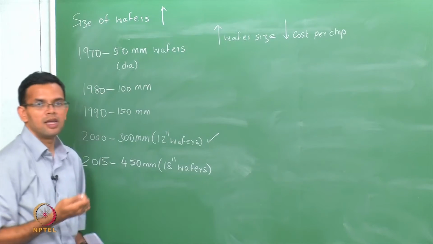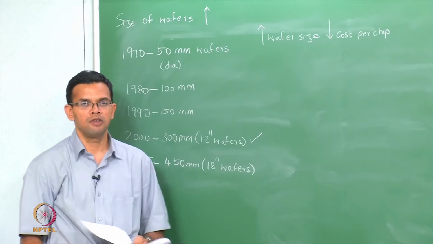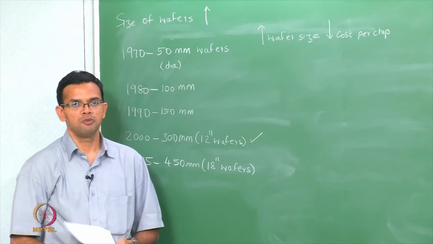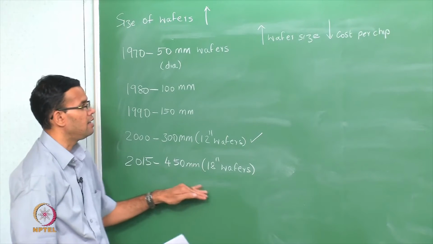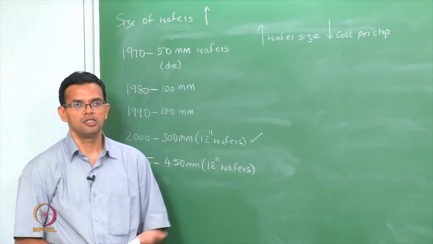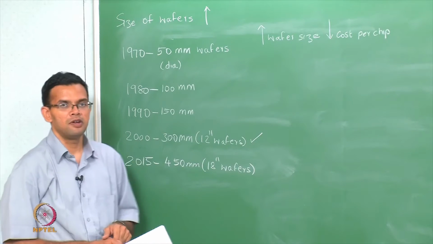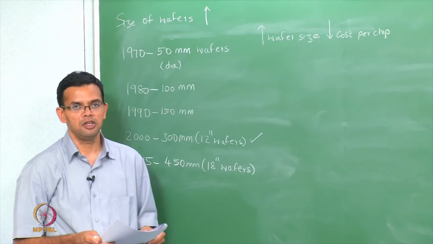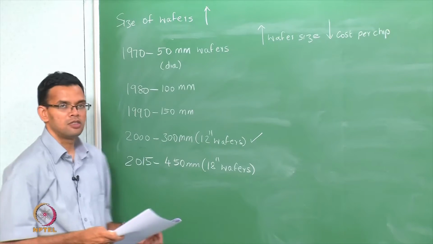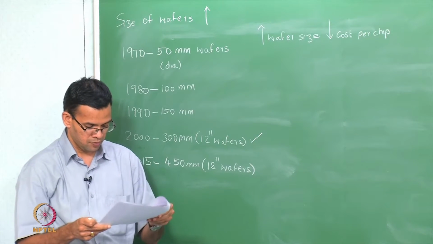The drawback is that as we increase the size of the wafers, new equipment has to be manufactured in order to handle the large size. This process is called retooling the fab, so that when you change the size of the wafer, the entire fab has to be retooled in order to use the larger size wafers.